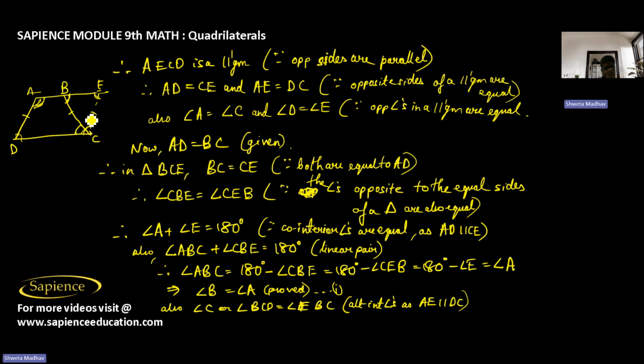The angle C is equal to angle B. Angle C is equal to angle B also, angle CB and angle EBC, that is equal to angle.